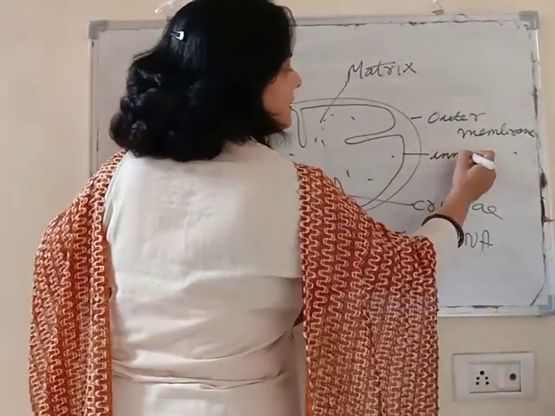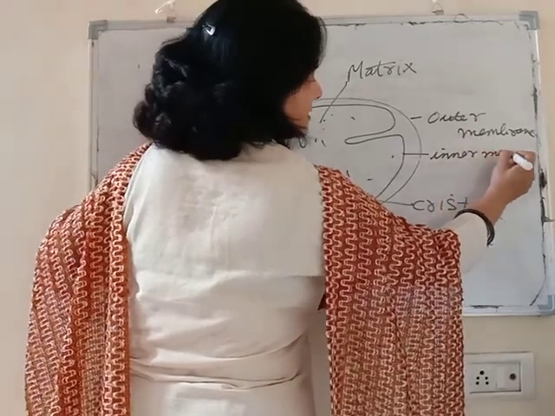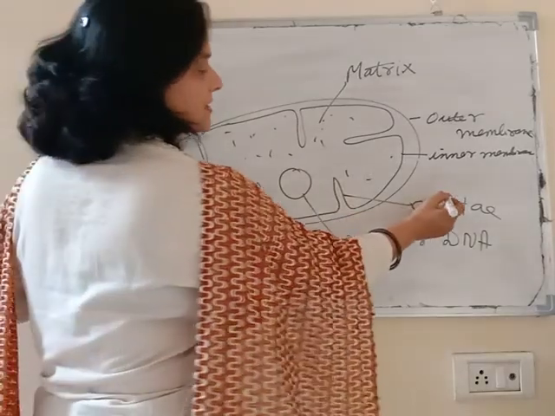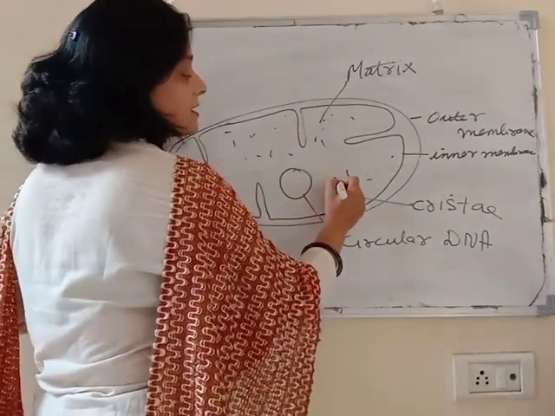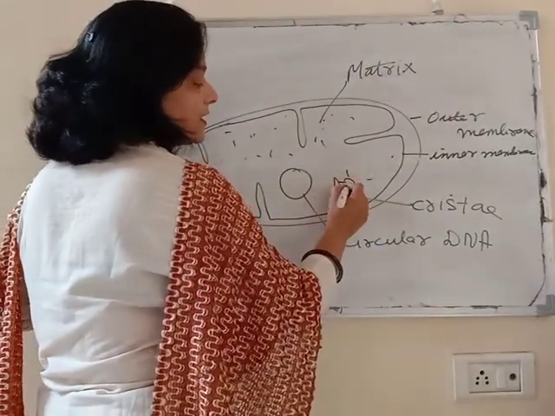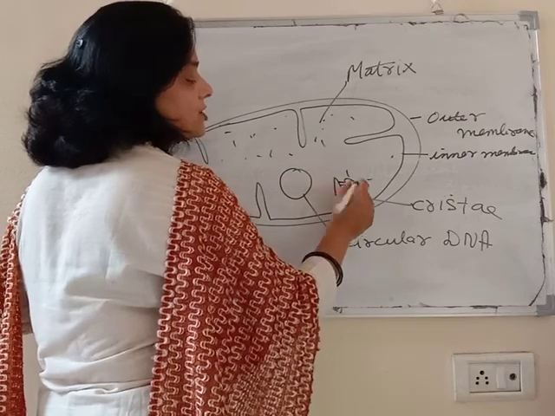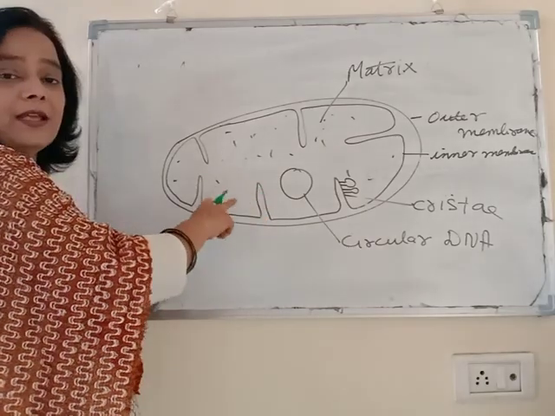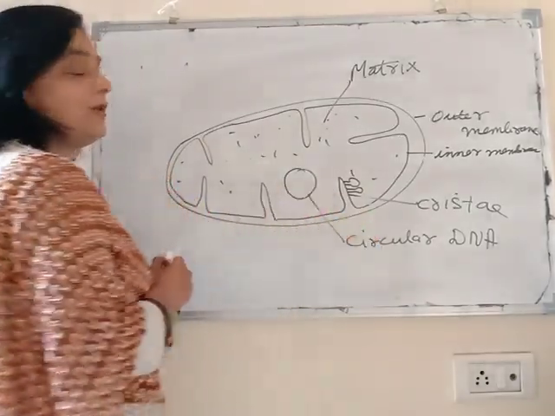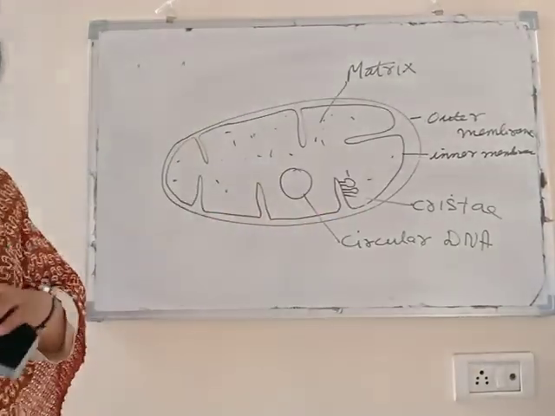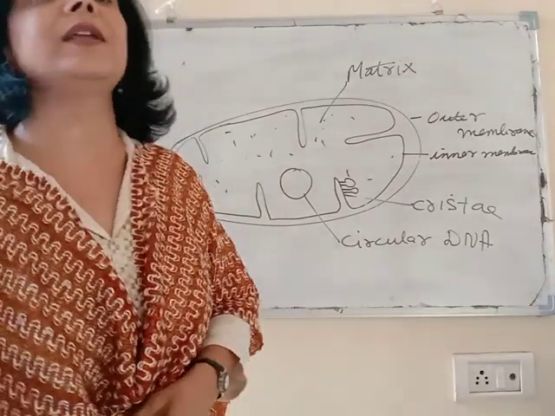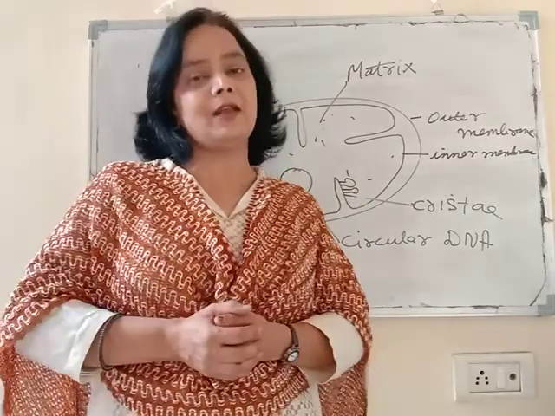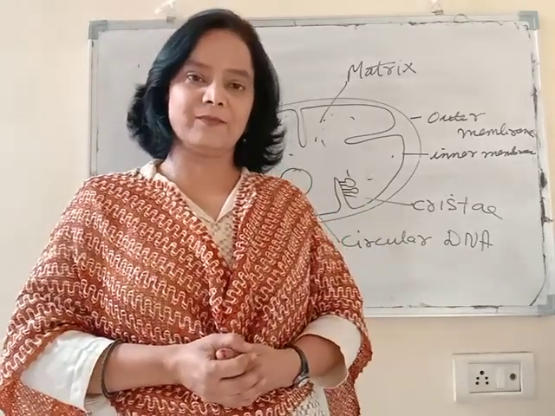The outer membrane is continuous, but the inner membrane is thrown into finger-like folds called cristae. Cristae provide surface for oxysomes to attach. Here ATP is stored. This mitochondria is unique because it has its own circular DNA and so it is able to replicate itself, and is called a semi-autonomous structure.